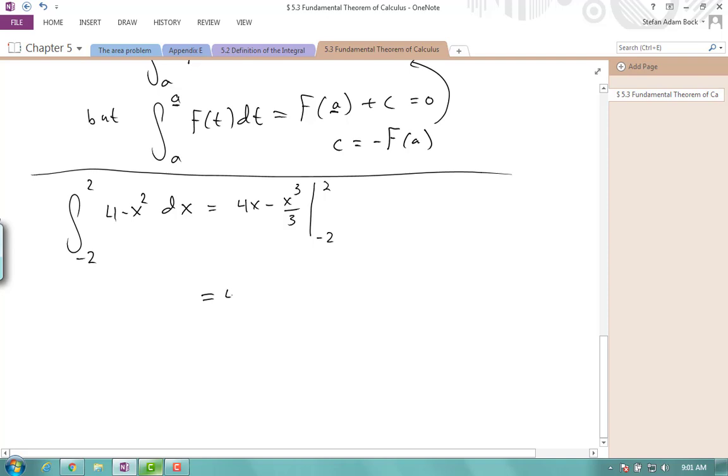So this is going to be 4 times 2 minus 2 cubed over 3 minus, we'll add some parentheses, because everybody likes parentheses, 4 times negative 2 minus negative 2 cubed over 3.